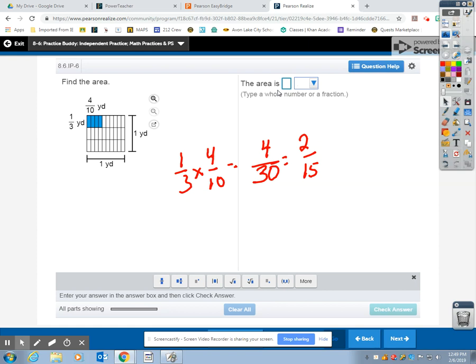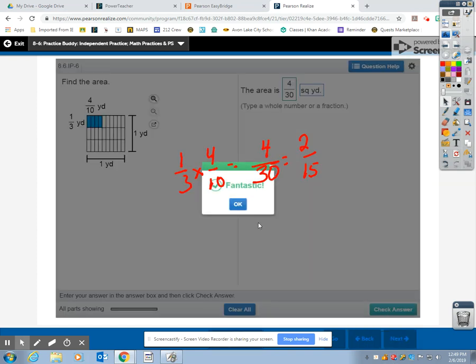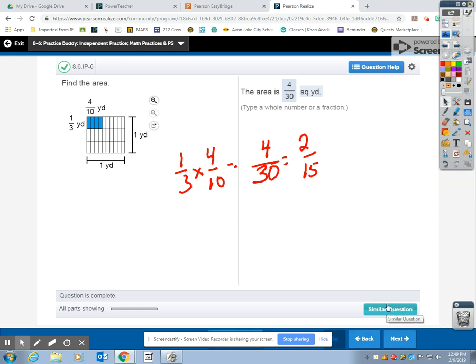So let's try that. 4/30. Envision's math should take it. You just have to remember that it is square yards because we're dealing with area, and area is always square units. We check our work. We get a fantastic.